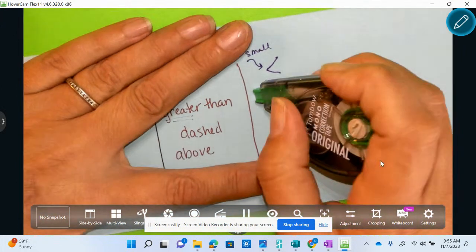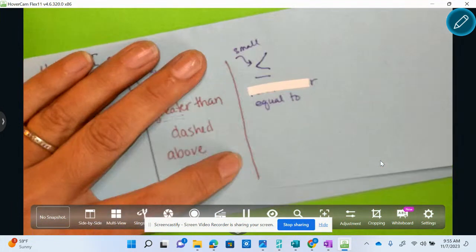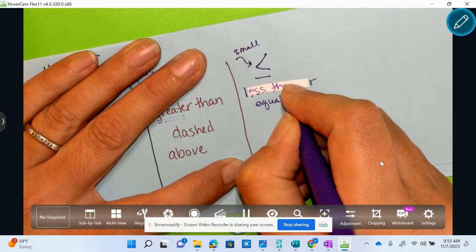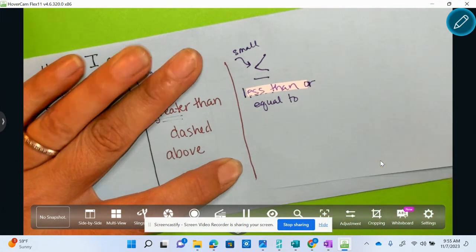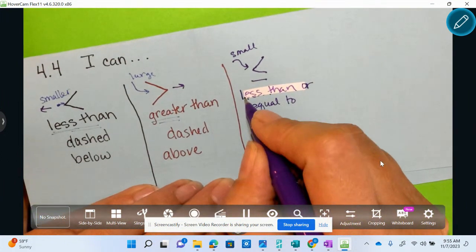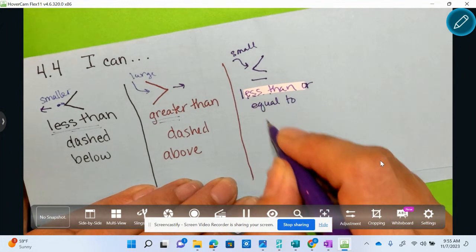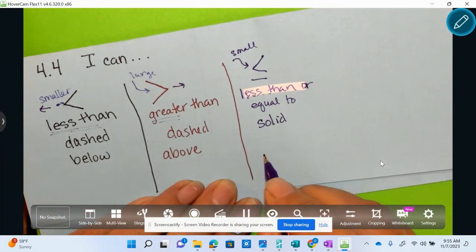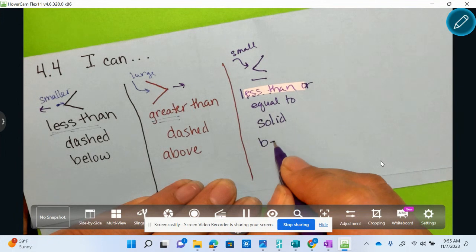I don't really like the way I wrote that. Less than. There was not really a space there. Or equal to. Less than or equal to. So what kind of line is that going to have? Solid line. And am I going to shade above or below? Below.